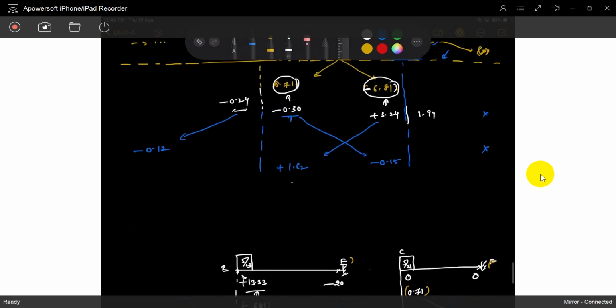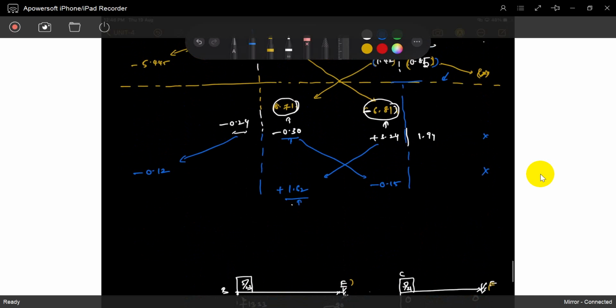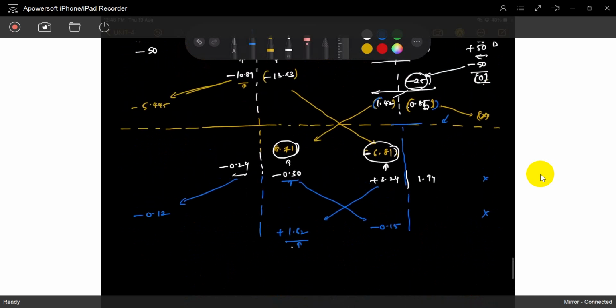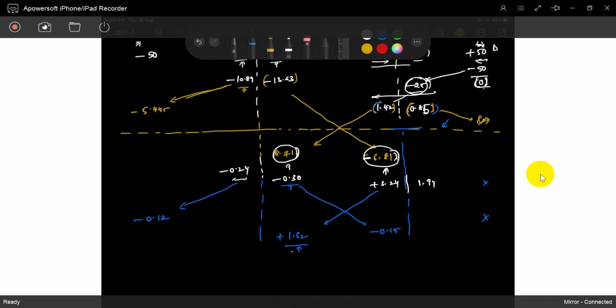At C, we will get 1.62 here. It's a 0.15. If we want, we can do the third iteration again.